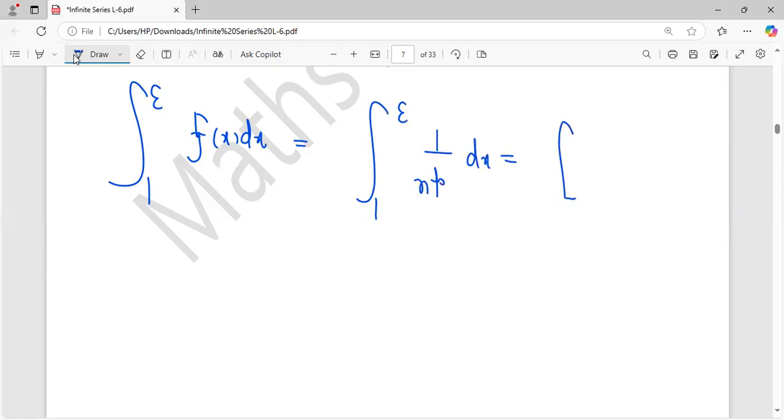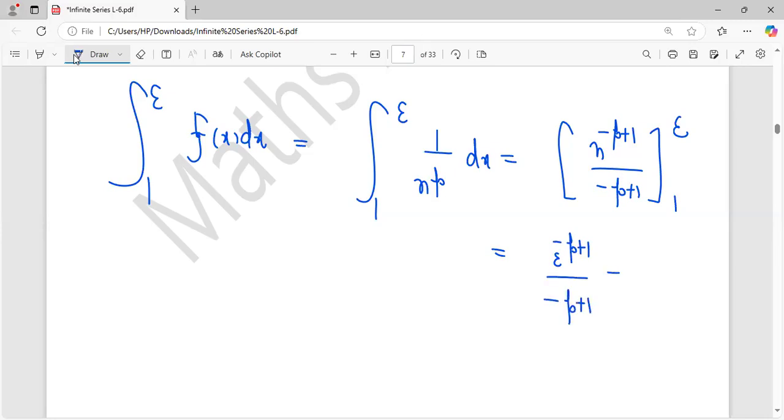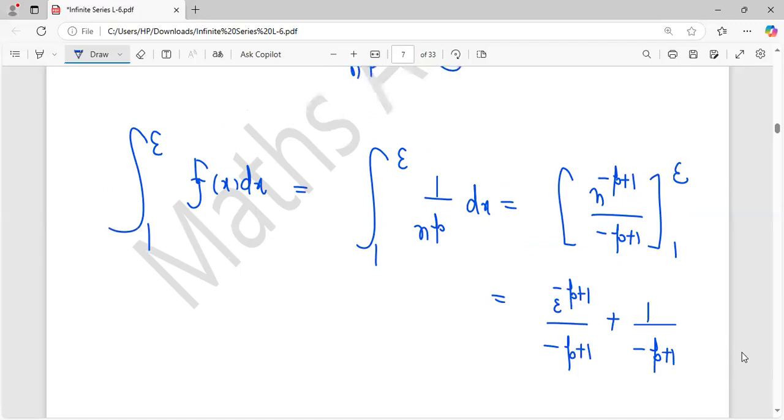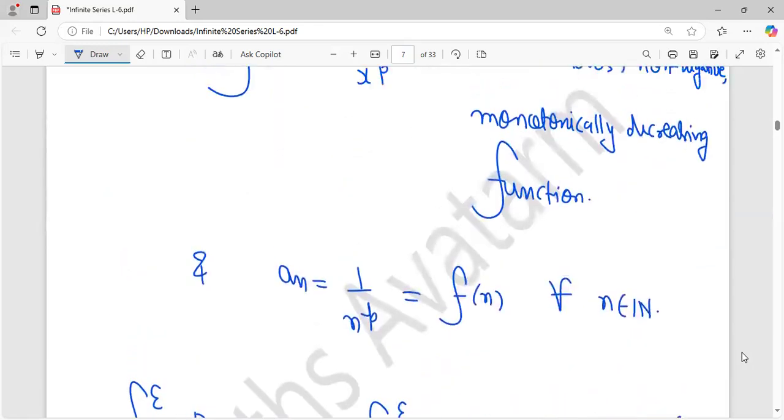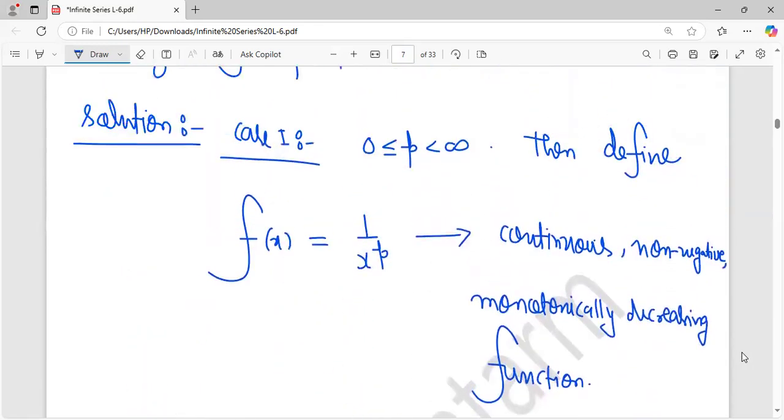Its integral is nothing but x to the power minus p plus 1 upon minus p plus 1, evaluated from 1 to epsilon. So this is epsilon to the power minus p plus 1 upon minus p plus 1, plus 1 upon minus p plus 1.